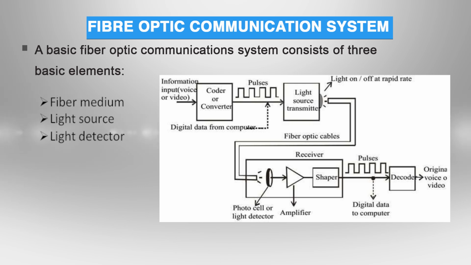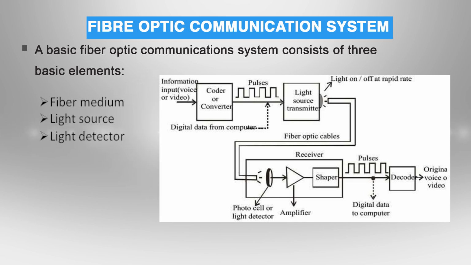The transmitter generates an optical signal by modulating a light source with the information to be transmitted. Second is transmission. The modulated light travels through the optical fiber. The light pulses represent the transmitted data. Third is amplification. Optical amplifiers boost the signal strength to counteract attenuation over long distances.